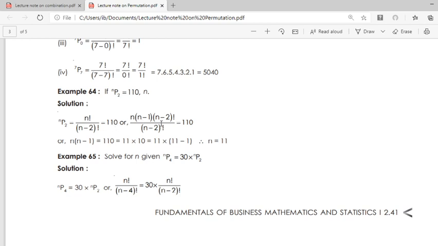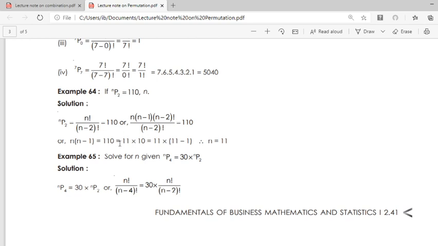Now, I want to expand n in a way that I can eliminate n minus 2 factorial, my denominator. So from your knowledge of factorial, n is n times n minus 1, multiplied by n minus 2 factorial. I will stop at n minus 2 factorial because my denominator is n minus 2 factorial, so I will cancel this. So I'll be left with n times n minus 1 equals 110.